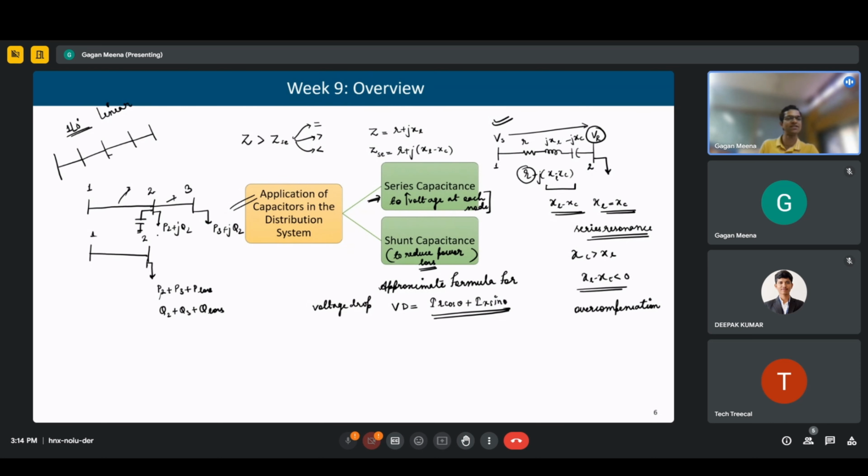Because the capacitor is supplying, suppose here the branch current was I1 and this is I2, and both are complex numbers. So if it is supplying QC amount of reactive power, what will be the equivalent now? This is without capacitor.